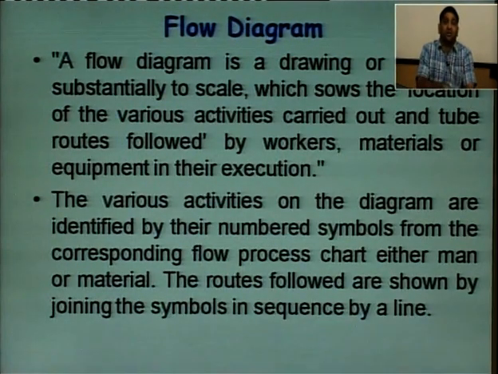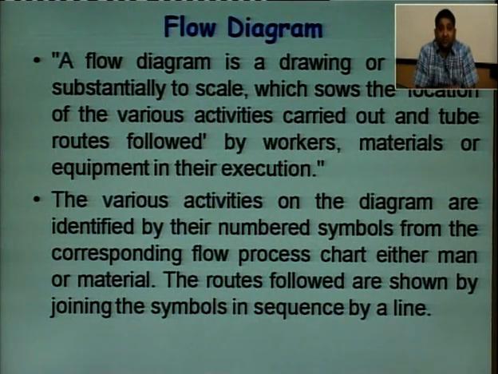Flow diagram. A flow diagram is a drawing or a model substantially to scale, which shows the location of the various activities carried out and the route followed by the workers, materials or equipment in their execution.